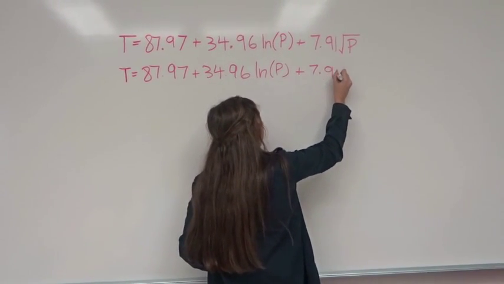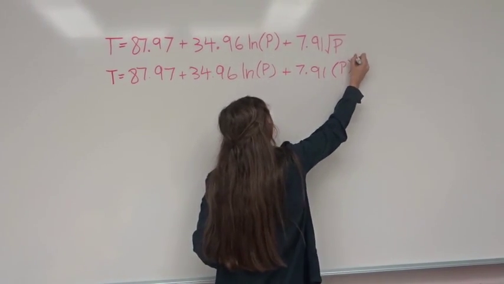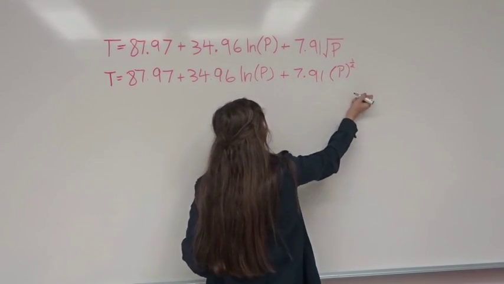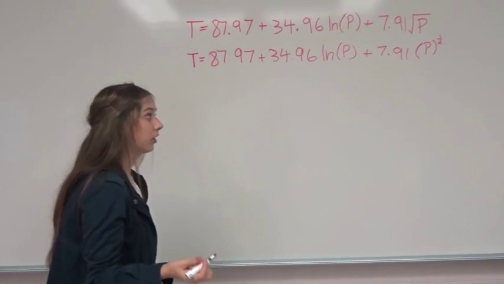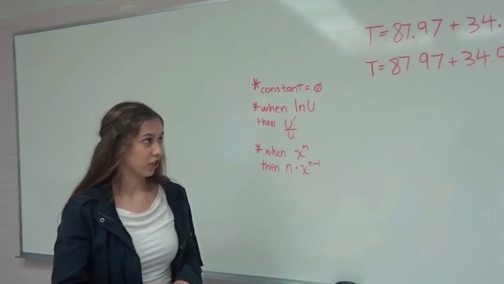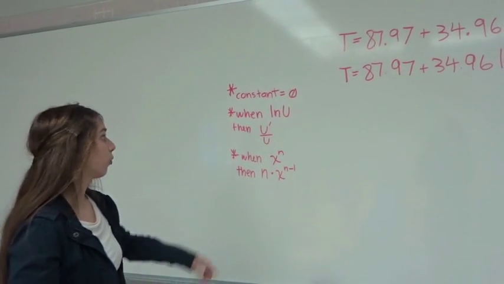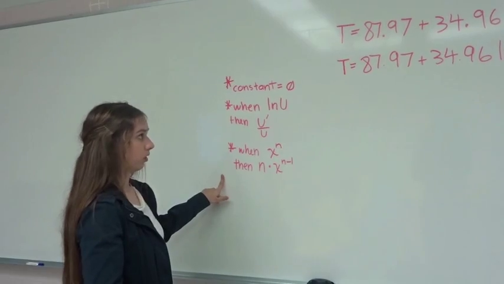And in here, we're going to put p to the 1/2 so we can differentiate it in an easier way. So now that we rewrote the equation, we can find its derivative, and in order to do so, we need to use these rules.